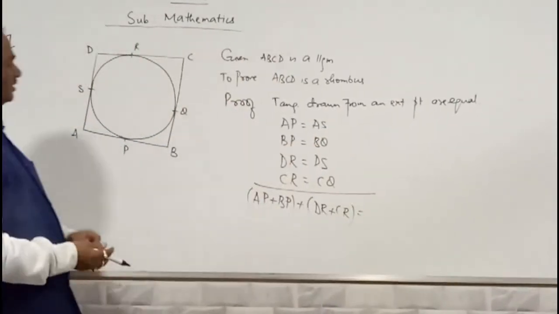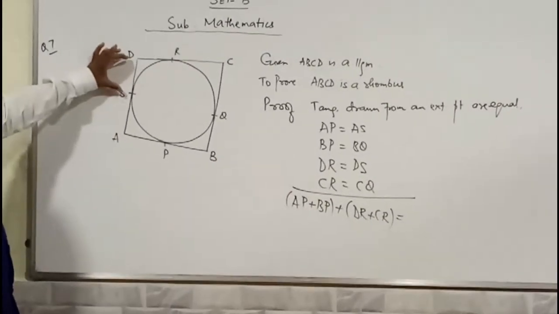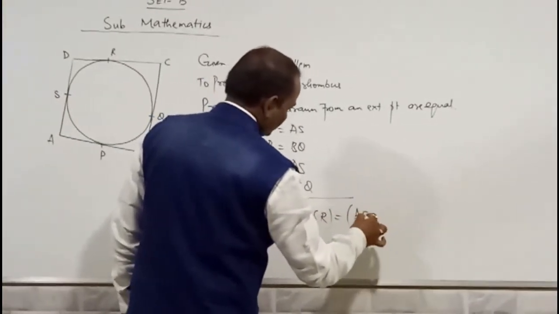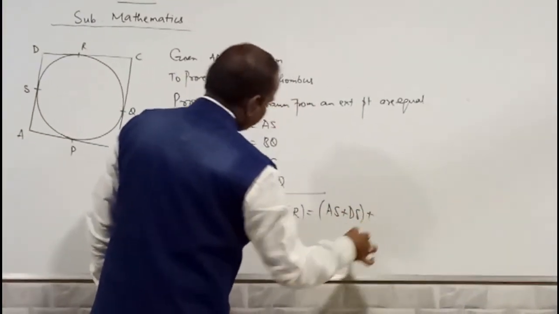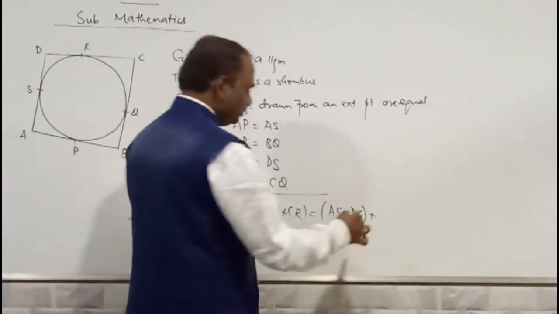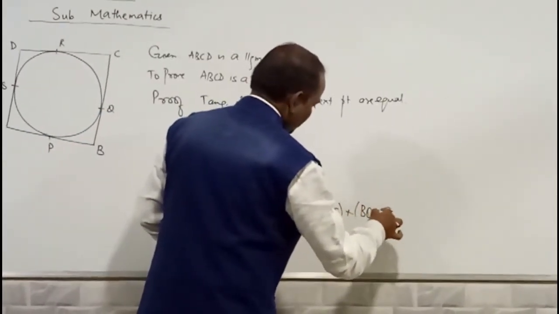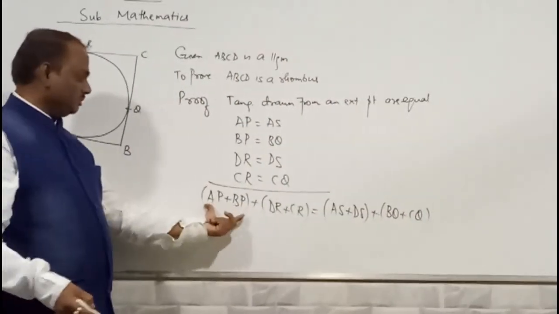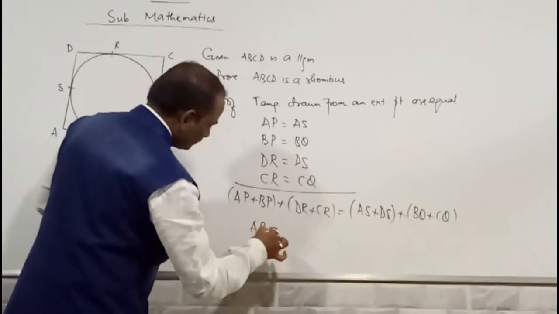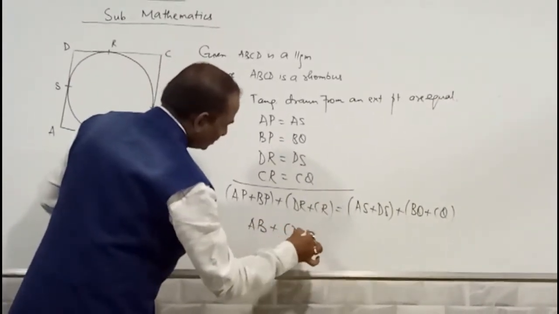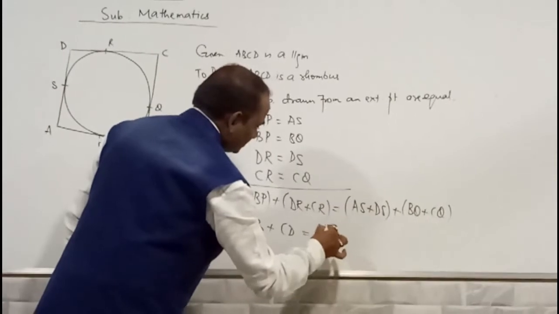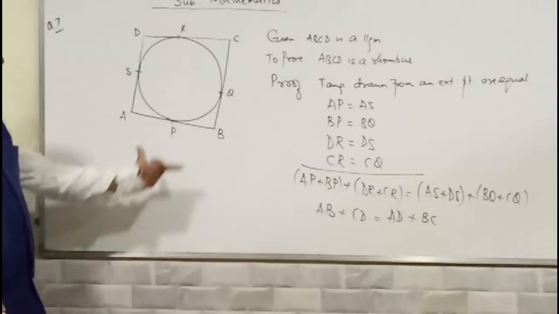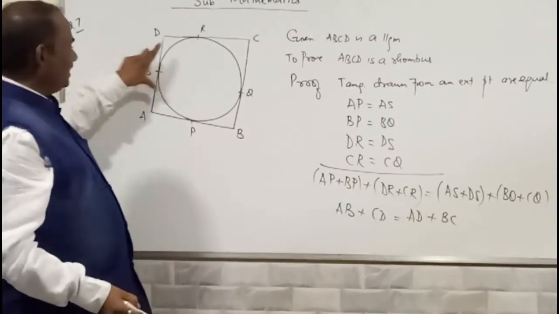For the right hand side, AS and DS together make AD, so I write AS plus DS in one bracket, and what remains is BQ and CQ, which I write together in another bracket. Now here we get AP plus BP is AB, DR plus CR is CD or DC. Here we get AD, and there we get BC. Now we came to the conclusion that AB plus CD is equal to AD plus BC.